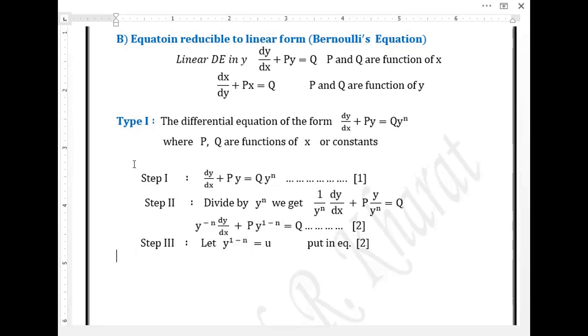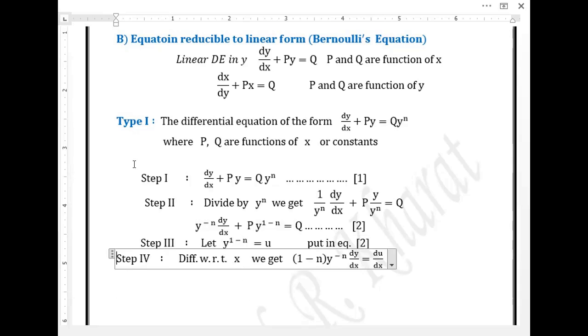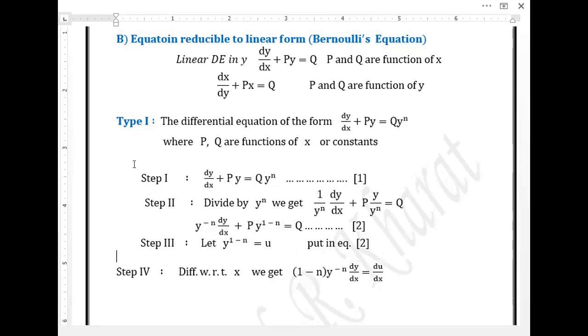Then differentiating this assumption y^(1-n), we get (1-n), and the index of y is reduced by 1, so it becomes minus n. And again, the derivative of y is dy/dx, and the derivative of u is du/dx. In this way, we can find the derivative of both the terms with respect to x.